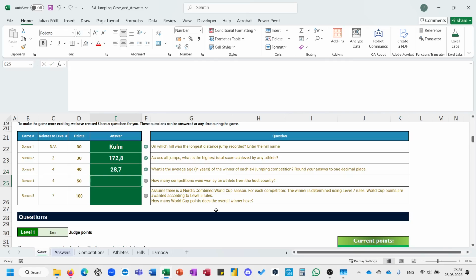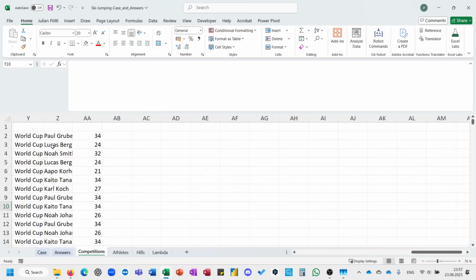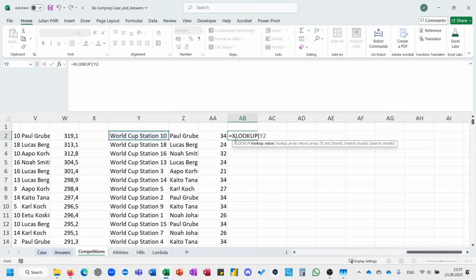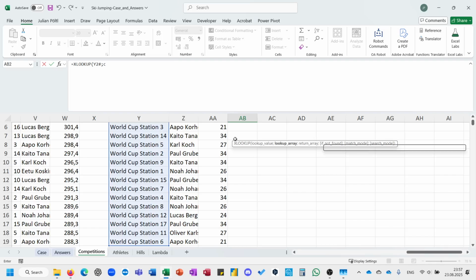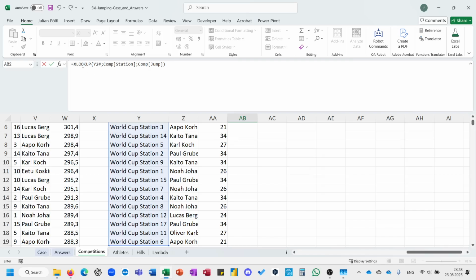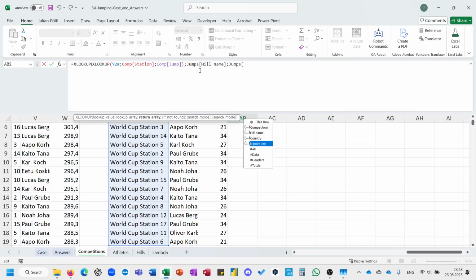How many competitions were won by an athlete from the host country? We have prepared it here. So we simply need to figure out which jump this is. So let's look up this in competition, oh, not station, sorry. Station, returning competition jump. And then XLOOKUP this, which is the name of the jump, in jumps hill name, jumps country.